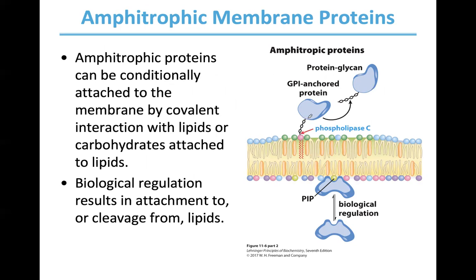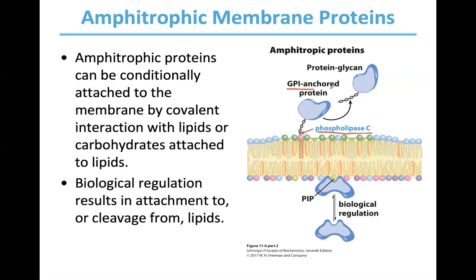There's a head group and a double tail of a fatty acid, some sugar, and the protein is attached through an oligosaccharide. There's also a phosphate, which will be hydrolyzed by an enzyme known as phospholipase C.